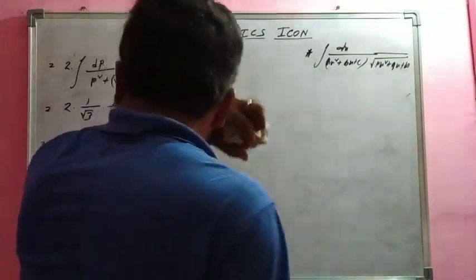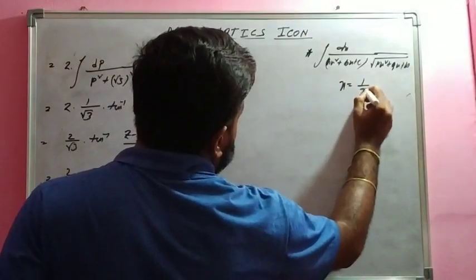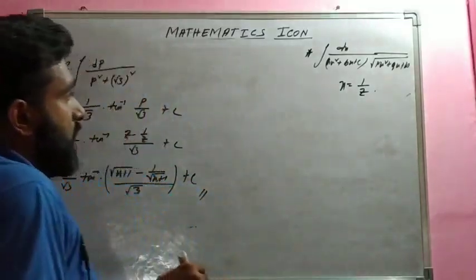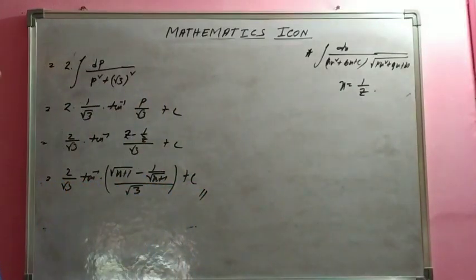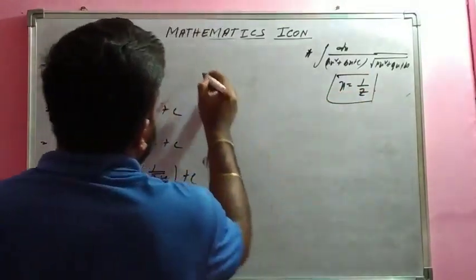So if you have this type of formations, then you have to choose x equals to 1 by z. x equals to 1 by z substitute करना है, ठीक है, ये आपको याद रखना है.